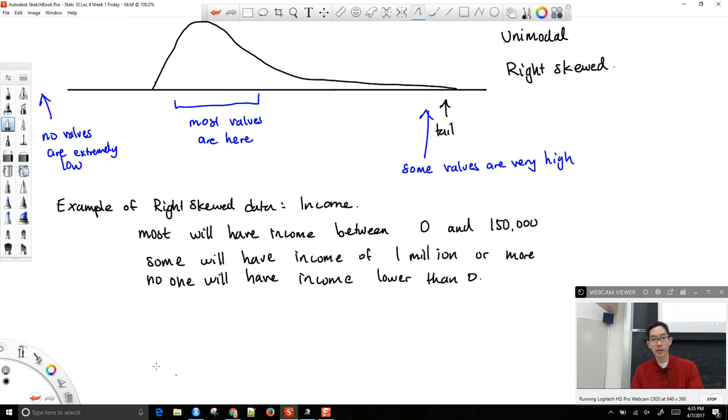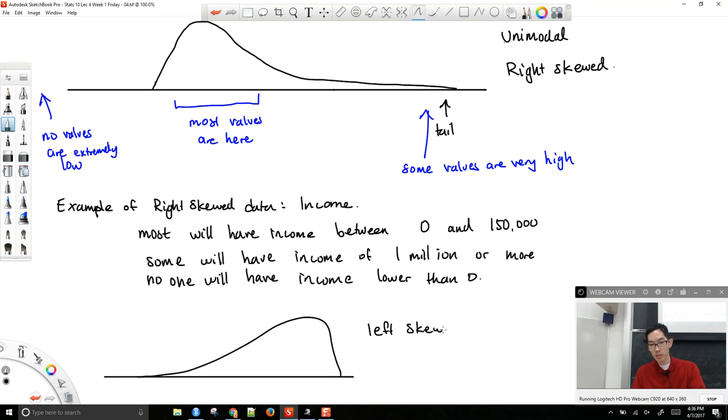And on the other hand, so if that's right skewed, what would we say this shape is? This would be left skewed. Maybe an example would be scores on an easy test.